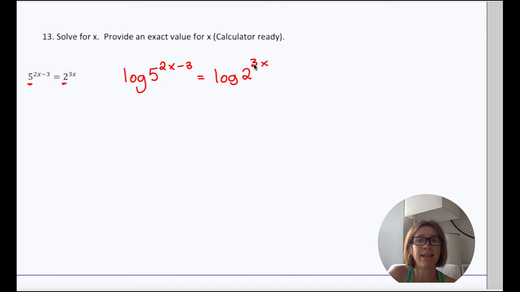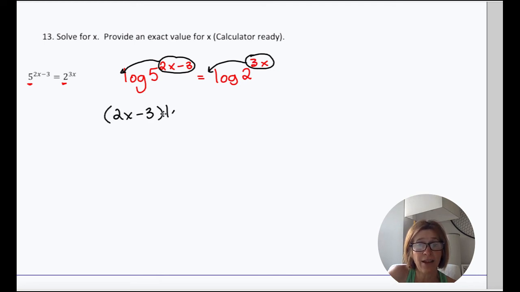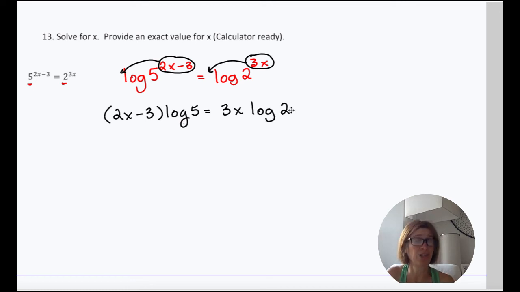I'm going to bring the exponents to the front. So that's 2x minus 3 times log 5 equals 3x log 2. Now remember, we're solving for x, so we do have to figure out a way to isolate x.